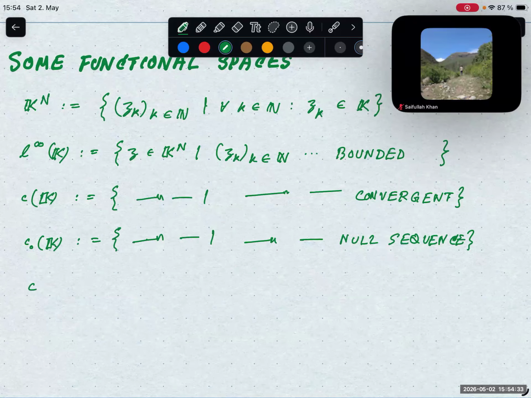Another one, same as before, where all the sequences are finite sequences.